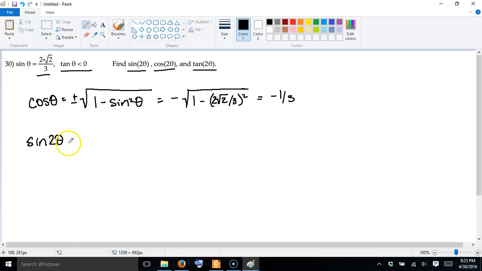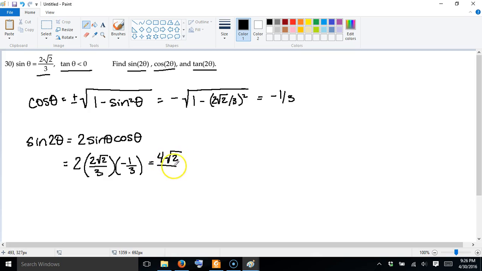So sine of 2 theta is equal to, this is the double angle rule here, and we're going to plug in our sine value, 2 square root 2 over 3, and our cosine value, negative 1/3. Now that is equal to 4 square root 2 all over 9. Oh, and it's negative.